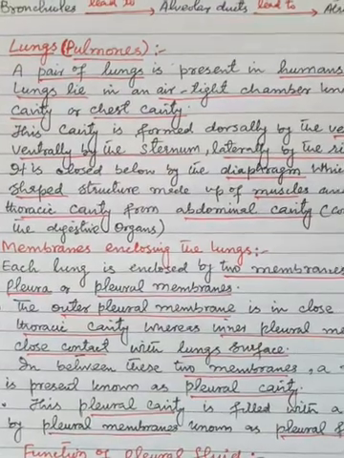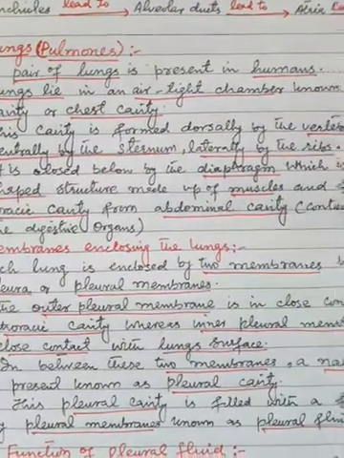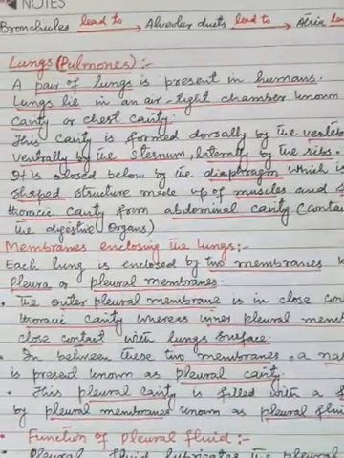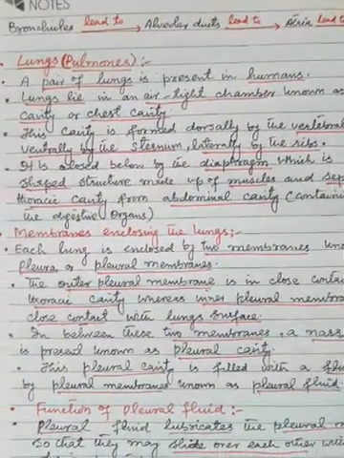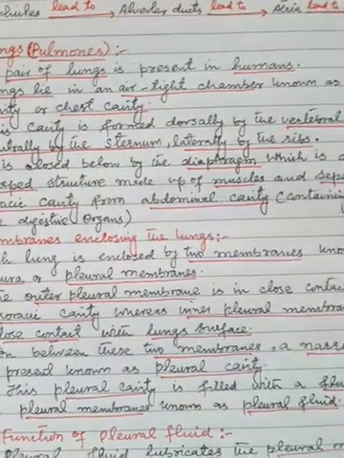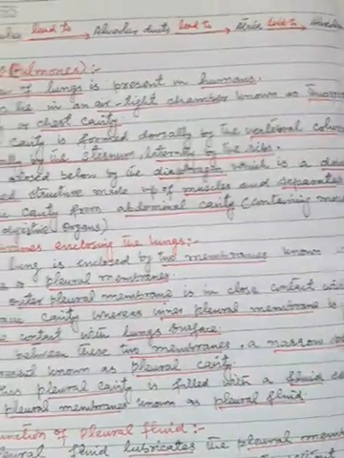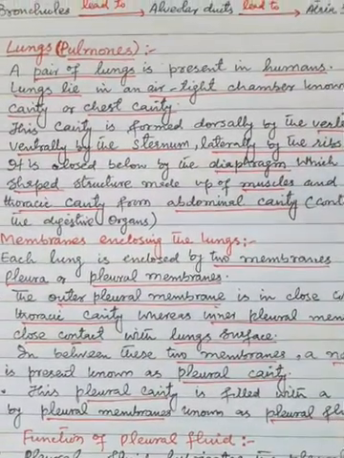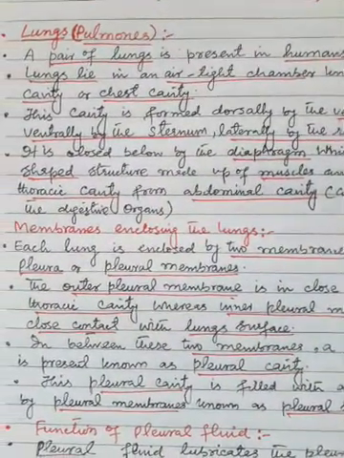Lungs lie in an airtight chamber known as the thoracic cavity or chest cavity. This cavity is formed dorsally by the vertebral column, ventrally by the sternum, and laterally by the ribs.